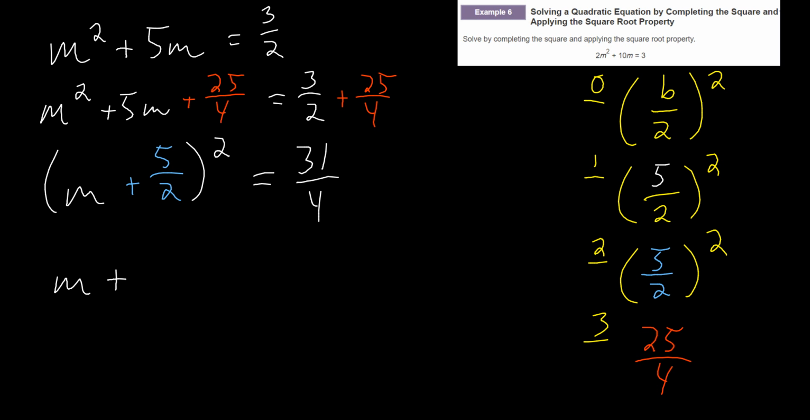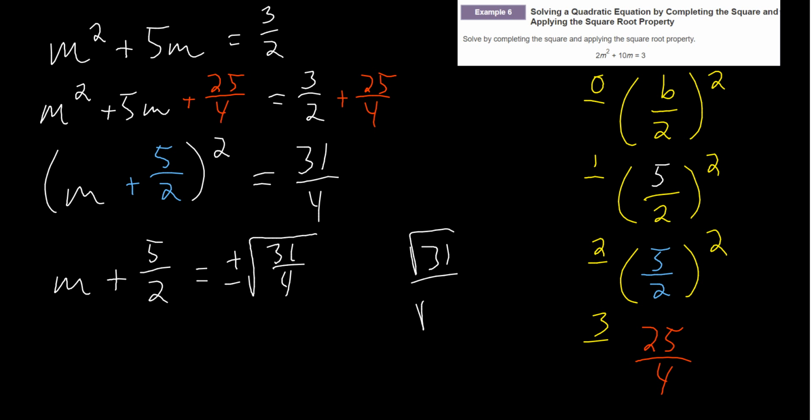So we're going to have m plus 5 halves is equal to plus or minus the square root of 31 over 4. Well, the square root of 31 over 4, I can split that up into the square root of 31 over the square root of 4, which is going to be the square root of 31 over 2. So let's go ahead and write that.